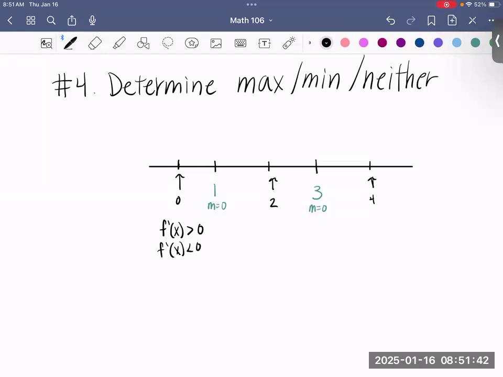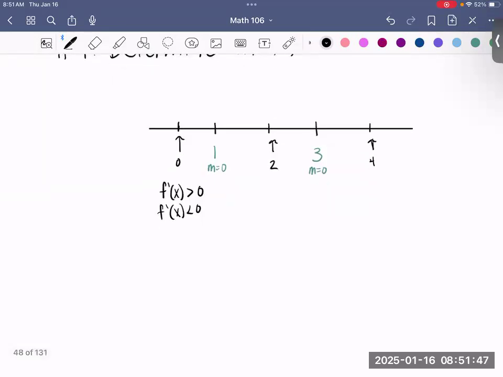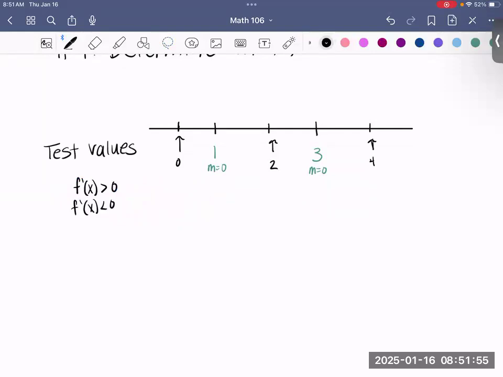So we need to put these values into your first derivative. So test values by plugging in first derivative.